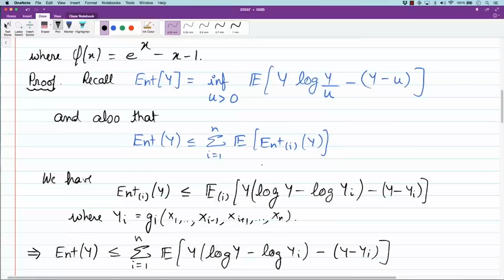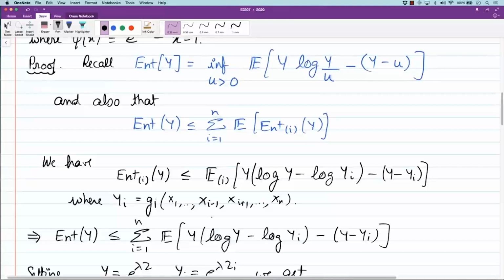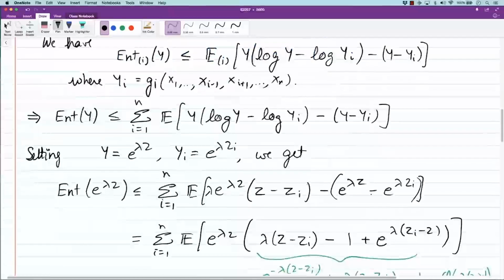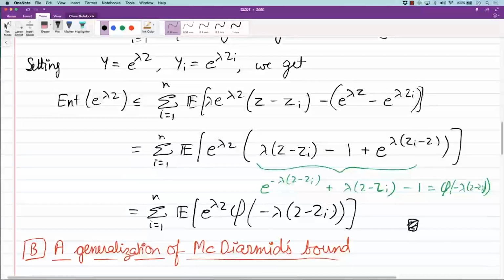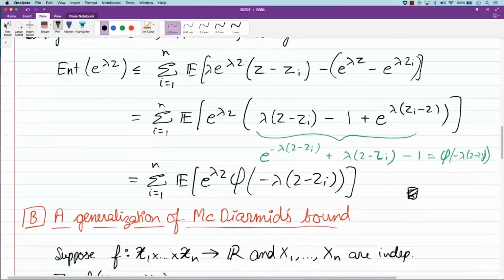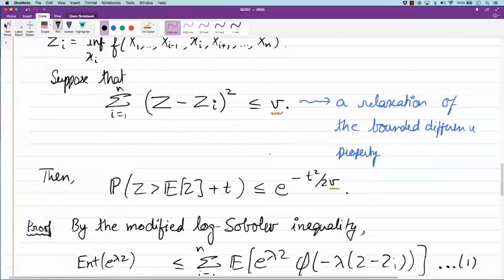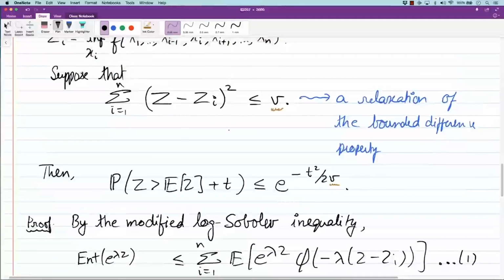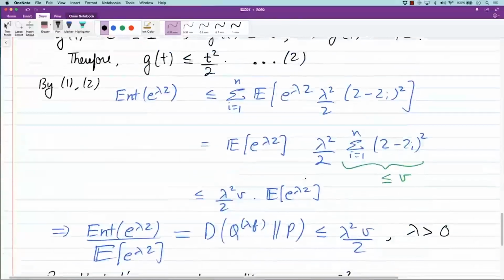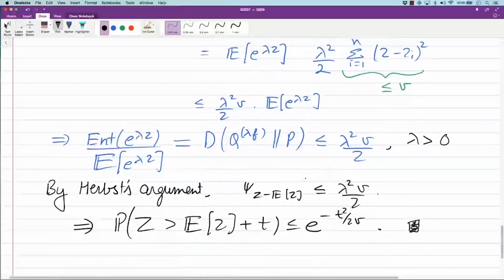Since entropy tensorizes, whenever we want to prove a bound for entropy, we can prove a bound on the individual components separately. We did prove one such bound using a variational formula for entropy, and we obtained this nice inequality, called the modified log-Sobolev inequality. We were only looking at one-sided tail bounds, so for that direction we use an approximation for this phi.